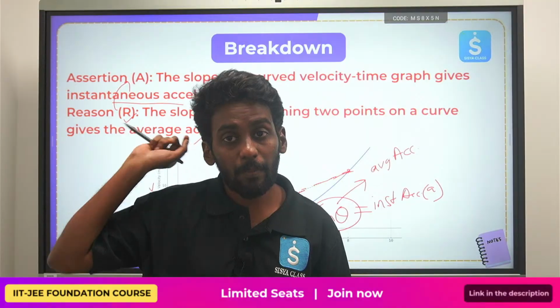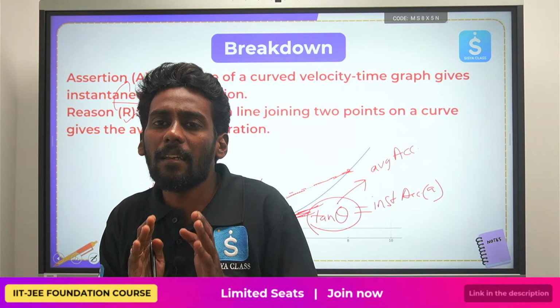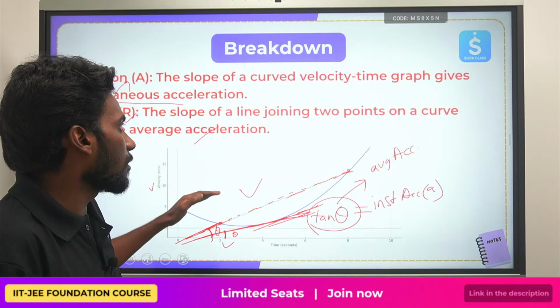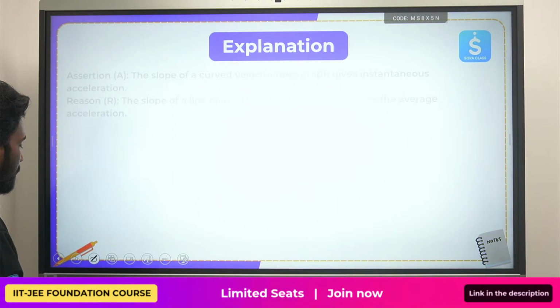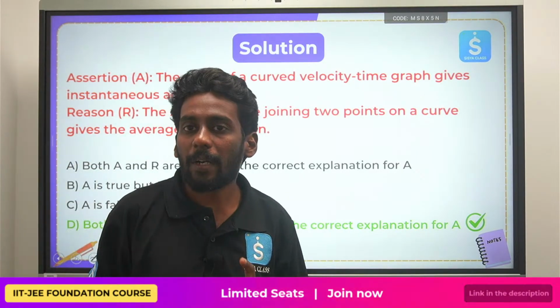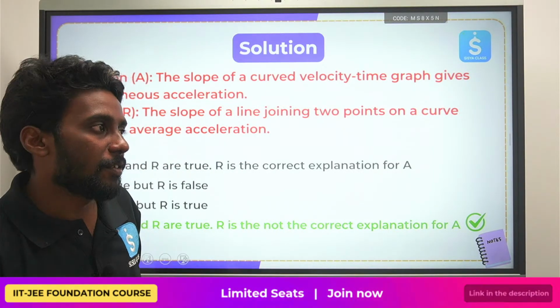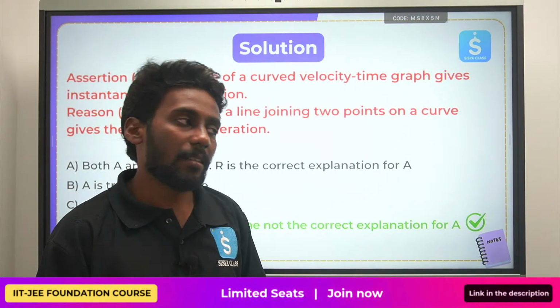Both are true here, but the reason is not exactly explaining what the assertion means, right? So what is the answer now for this case? Both A and R are true. We know that A and R are true, but R is not the right explanation for A. The reason is not the right explanation for the given assertion.